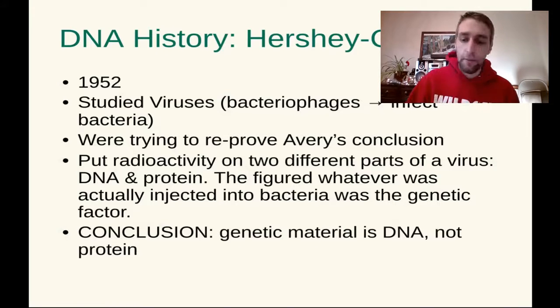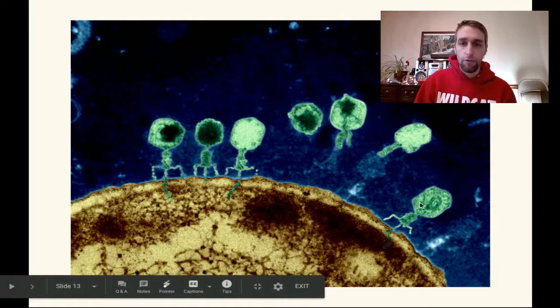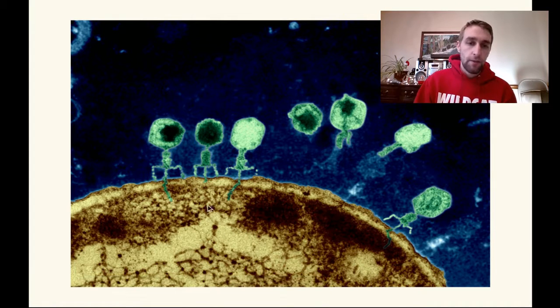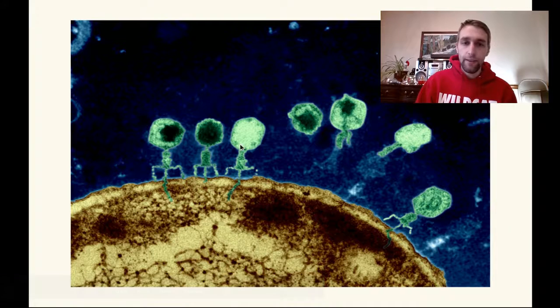I'll show you a diagram of it in a second, but first, this is a micrograph with color added to it so you can see what's going on. This big orange thing down here is a bacteria cell. And then these things here kind of look like little lunar lander type things or freaky spiders. Those are actually viruses.